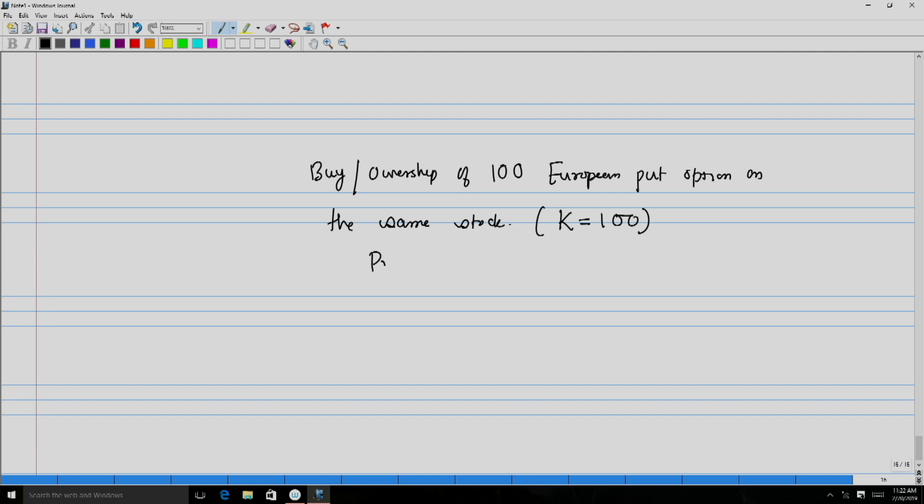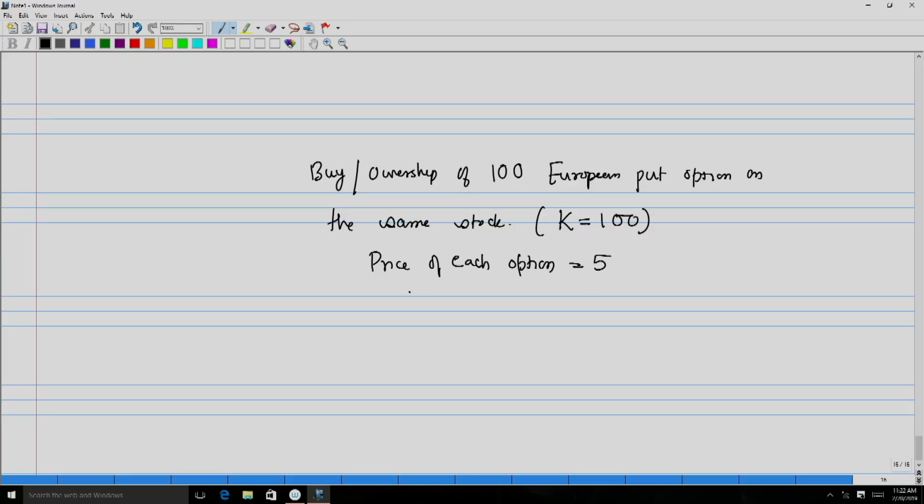Suppose the price of each option is 5. That means this is the premium I have to pay to another party to take the obligation, and the obligation is that if I want, I will sell them the stock for an amount of 100 at some expiration at a future time, maybe say 1 year. Since the price of each option is 5, the total cost of premium is going to be 5 into 100, which is 500.